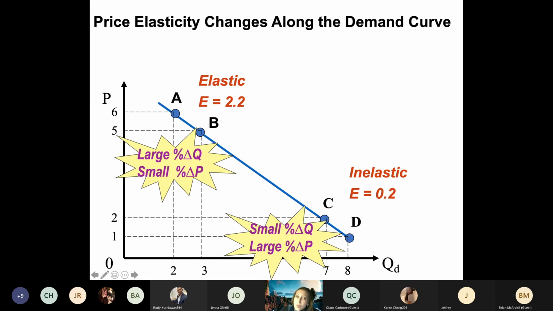But we have a large percentage change in quantity from 2 to 3, and that's just divided by 2. It's a 50% change in quantity, slightly smaller with a midpoint formula. But let's say 50% divided by 20%, we have a higher than 1 elasticity value, so 2 in this case. So demand is elastic. It depends really on the range of the demand curve we're talking about, and the range of the prices we're discussing.